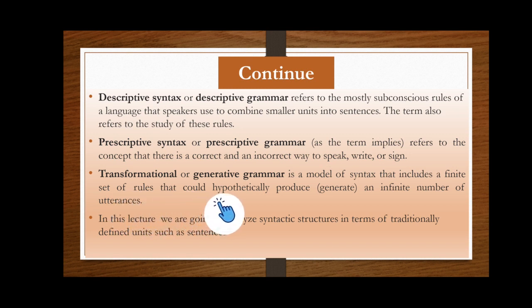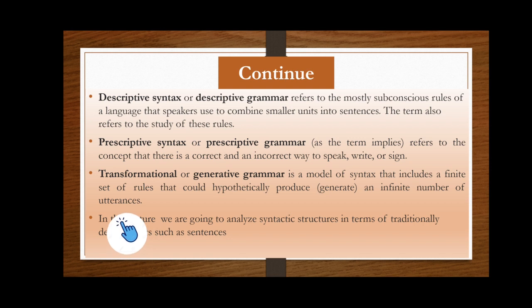Transformational or generative grammar is a model of syntax that includes a finite set of rules that could hypothetically produce, generate, an infinite number of utterances. So we have a finite set of rules, and out of those we form an infinite number of utterances.